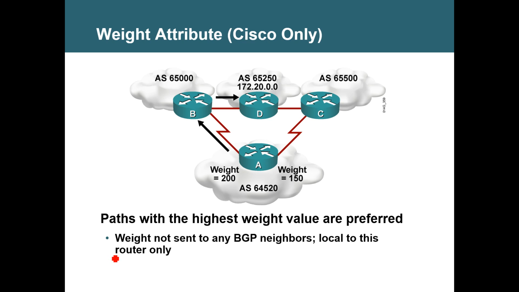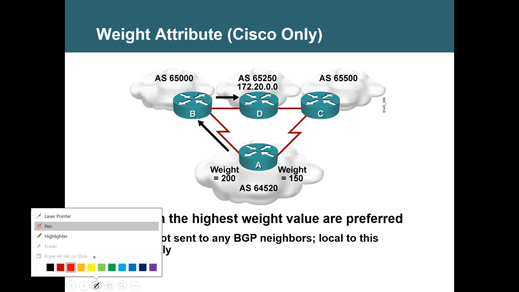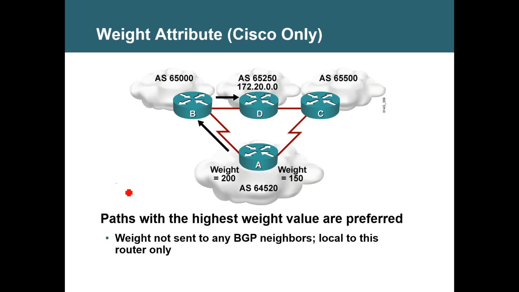Not on weight, but when we talk about metrics, we say that when we have a tie in all the five attributes, then the sixth one will come in. So, what are the five attributes? We are going to see that in the next two pages.